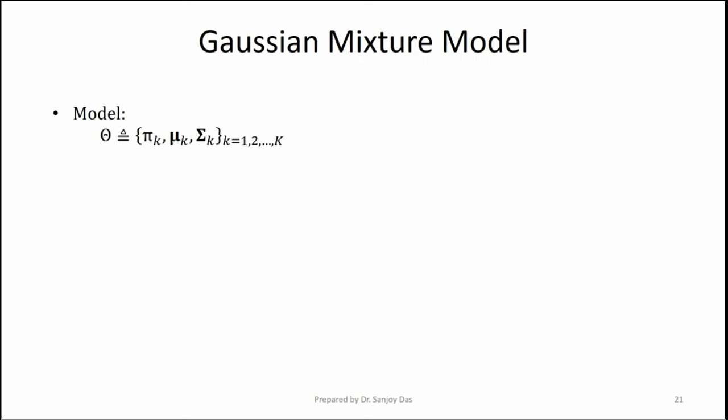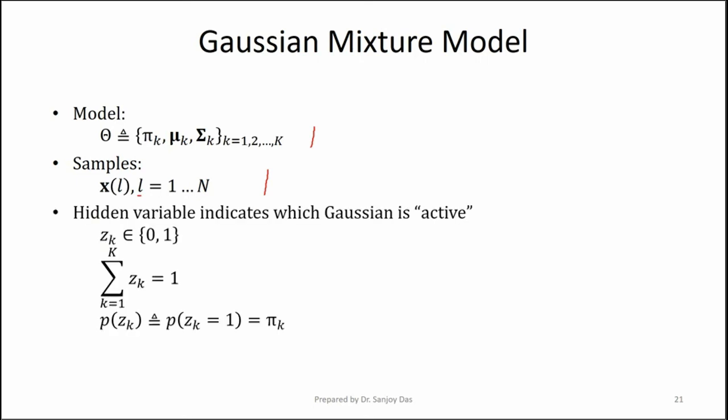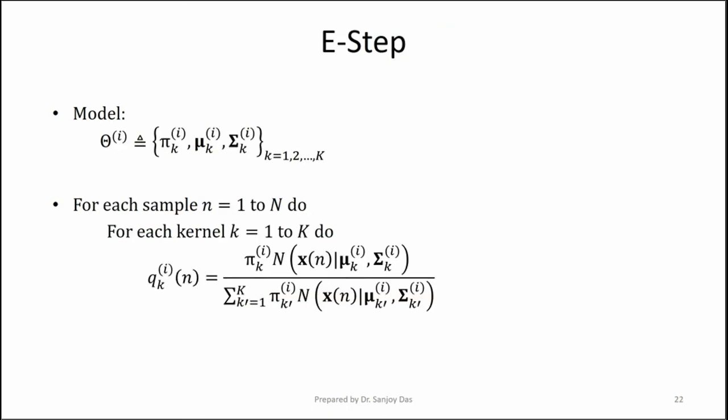So the E step. This is the model, and our samples are indexed n equals 1 through uppercase N, and the hidden variable zk tells you which Gaussian is active, and therefore summation zk is equal to 1, and so pi k is the probability of the Gaussian being active. So remember that zk is an indicator variable. So this is the E step.